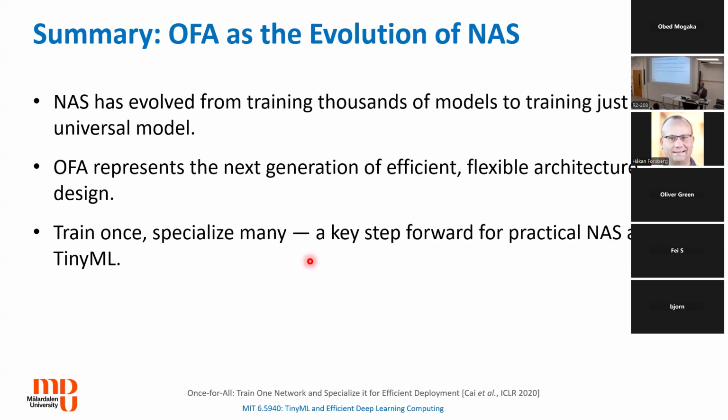For example, on an STM32, they collected a dataset: on this device, this subnet would give us this latency and this accuracy. They trained a simple MLP, a multi-layer perceptron, and whenever we feed a subnet architecture into this MLP, it gives us an accuracy value as well as a latency value. This is a little bit in depth.